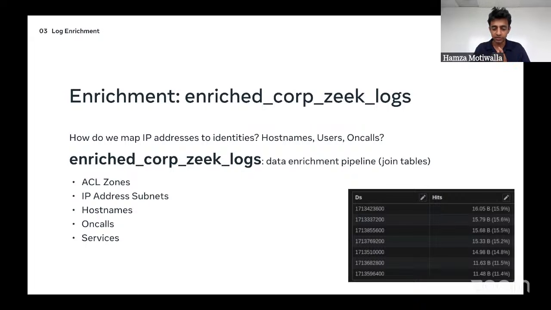Everything that we can trace back to that IP address, any concept of identity, is beautiful because now we can leverage Zeek logs for so much more. We can build detections on Zeek logs and then investigate, and it can paint the entire network picture easily.